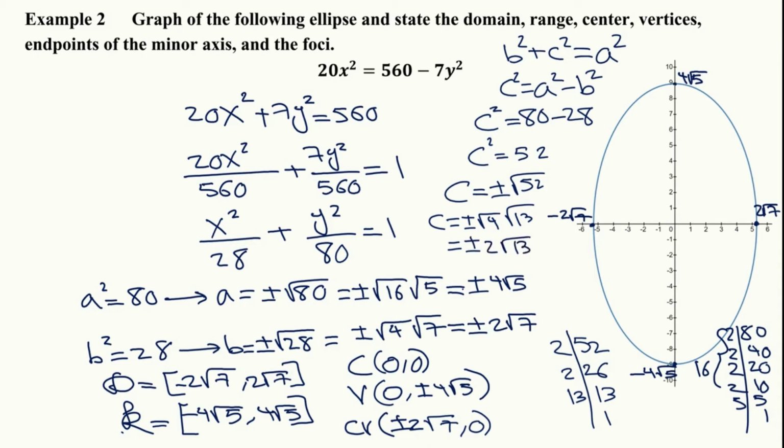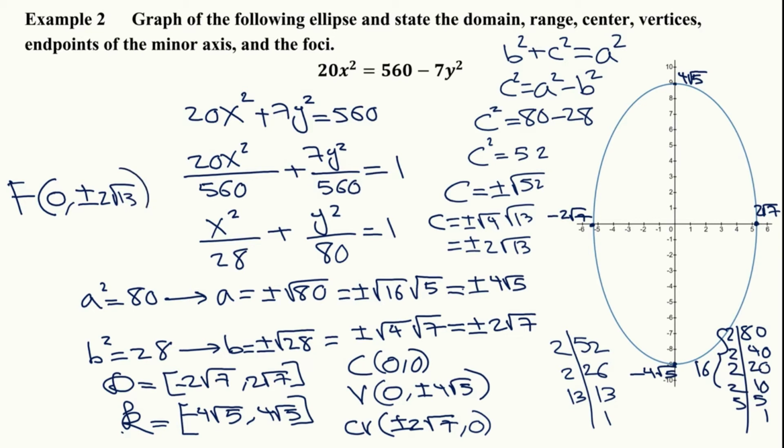So remember, those always lie on the major axes. So we're going to say that the foci are going to be at 0 plus or minus 2 radical 13. Remember, that's 2 points, right? One of them is 0, 2 radical 13, and the other is 0, negative 2 radical 13.